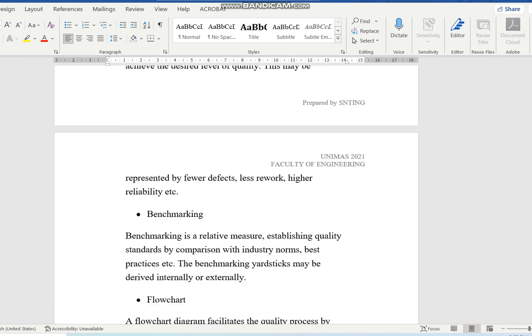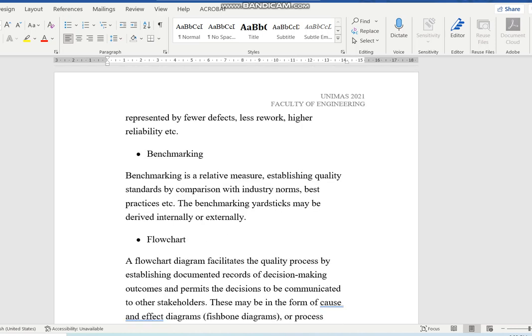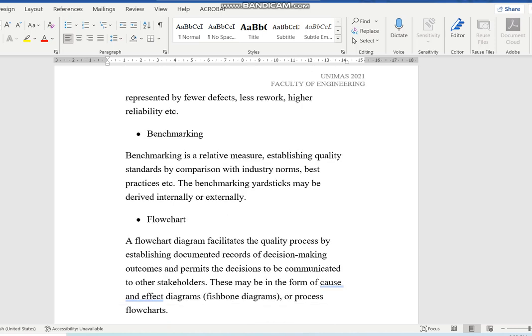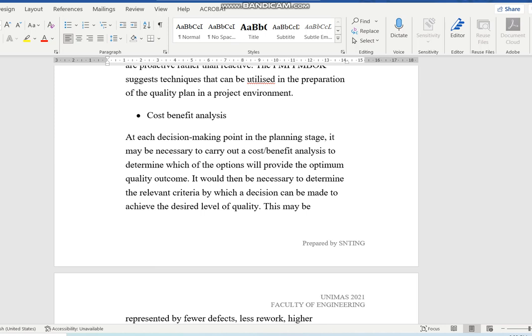And when we are creating that PQP, we also look at techniques like flow charts and benchmarking, looking at industry norms and standards.